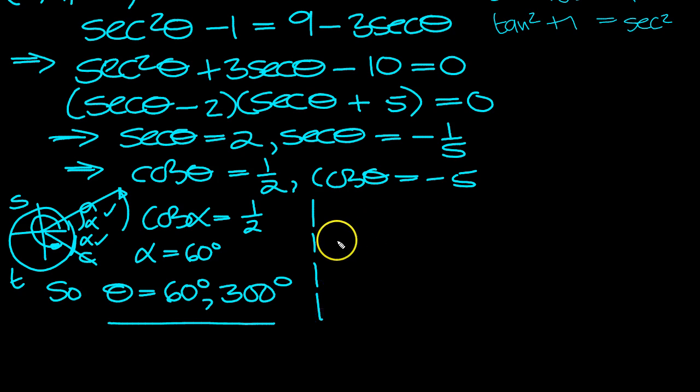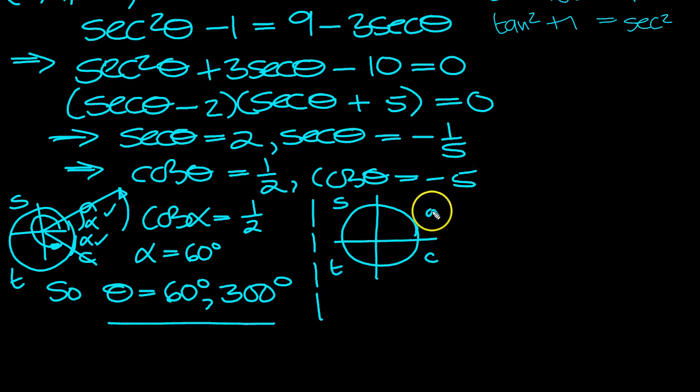Now we do the same once more for the second one. Draw a circle, right cast. Cos is negative, well it's positive here and here, so it's negative there and there. Draw two lines, mark off the alpha, associated acute angle, and simply write cosine alpha is equal to, hang on, this should be 5 here, sorry.